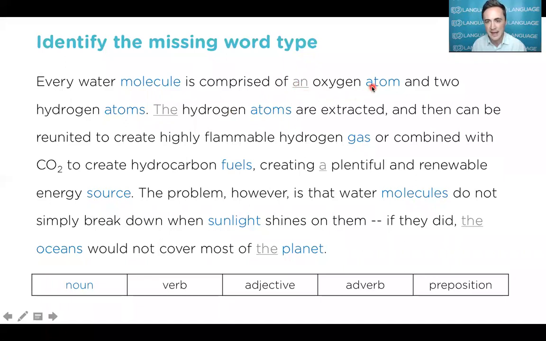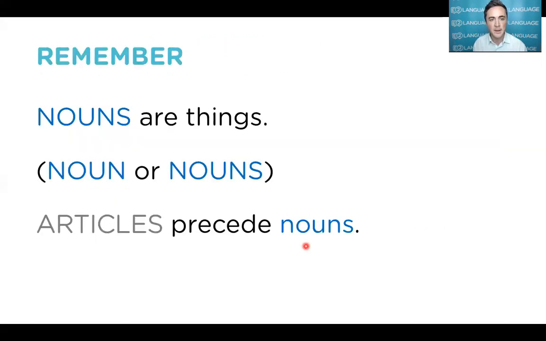So an atom, the atoms, a source, the oceans, the planet. Right? So that's another hint that you can use to help you to identify if it's a noun that's missing. You can see the article, but the article has no noun, or there's a gap there. You know that it must be a noun, okay? So nouns are things. Nouns can be singular or plural, and articles precede nouns.